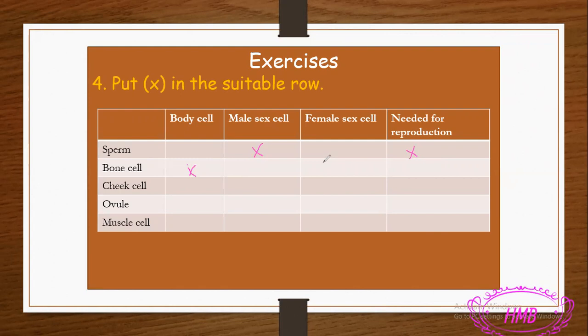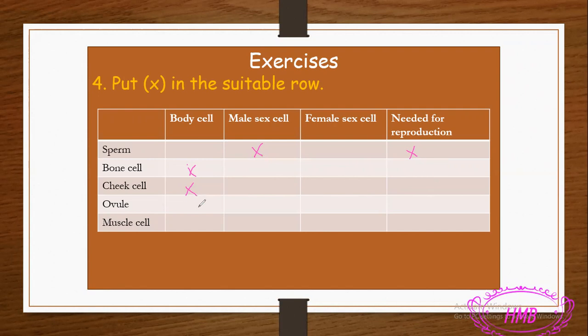Also no, because it's found in both genders. Is it needed for reproduction? No. Bone cells have different functions. The cheek cells, the cells found in the cheeks, are body cells because both male and female have them. They are not male sex cells, they are not female sex cells, and they are not needed for reproduction.